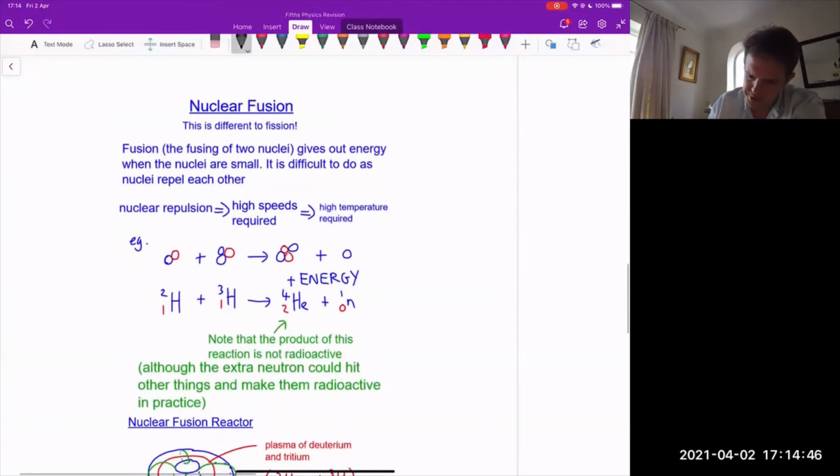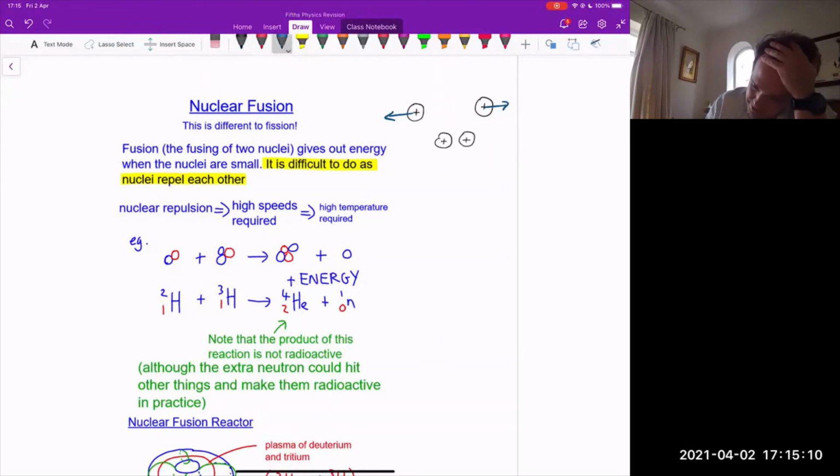What's important to note is this bit. It is difficult to do as the nuclei repel each other. And the reason for that is that all nuclei are positively charged. So when you bring them close together, they exert a repulsive force on each other, which gets larger and larger the closer they get.